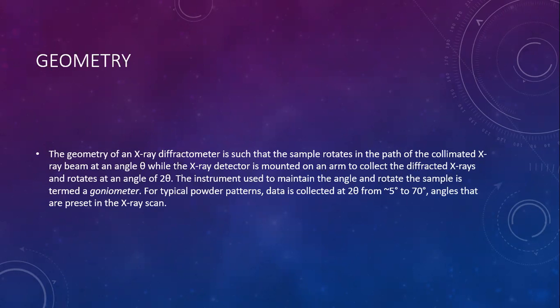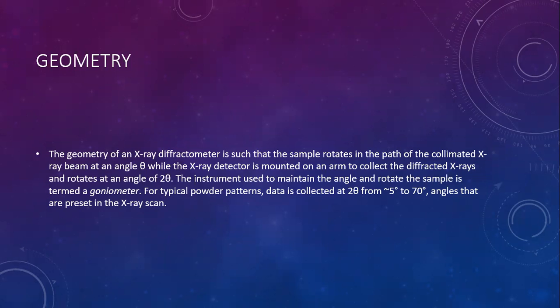Now we come to the geometry. The geometry in X-ray diffraction is such that the sample rotates in the plane of the collimated X-ray beam at an angle theta, while the X-ray detector is mounted on an arm to collect the diffracted X-rays and rotates at an angle of 2 theta.